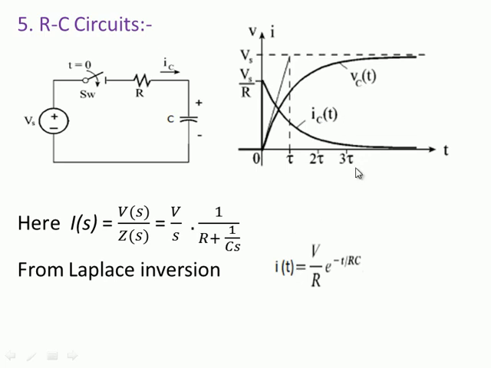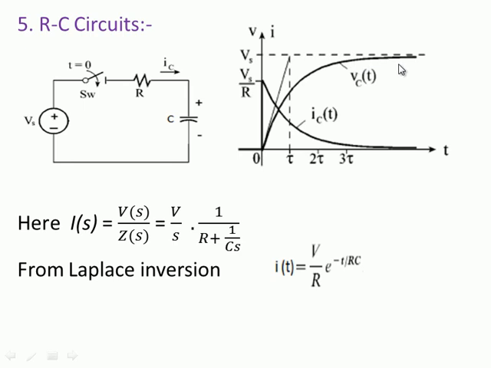It is decreasing because if you differentiate this, it will come minus V by R times the rest of the terms. It is decreasing with time, and the capacitor is going to charge.